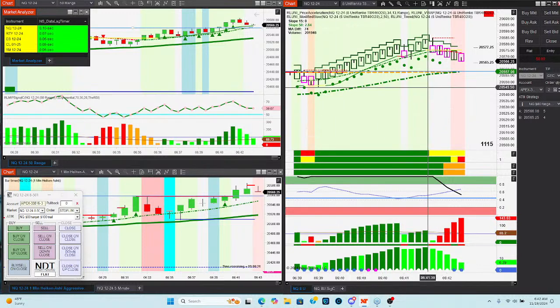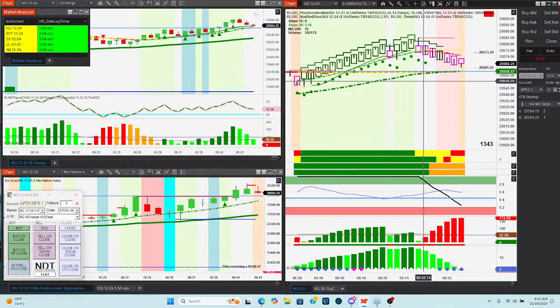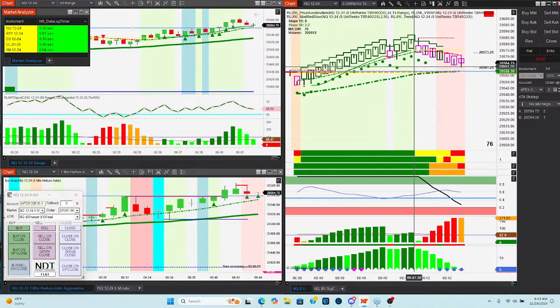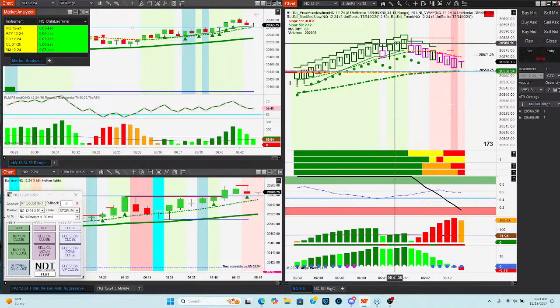No, I don't usually take pullbacks too much anymore. I used to, you know, these pullbacks are sometimes, there's a love-hate relationship with them. Let's put it that way. You can only hope that it goes to the 50.